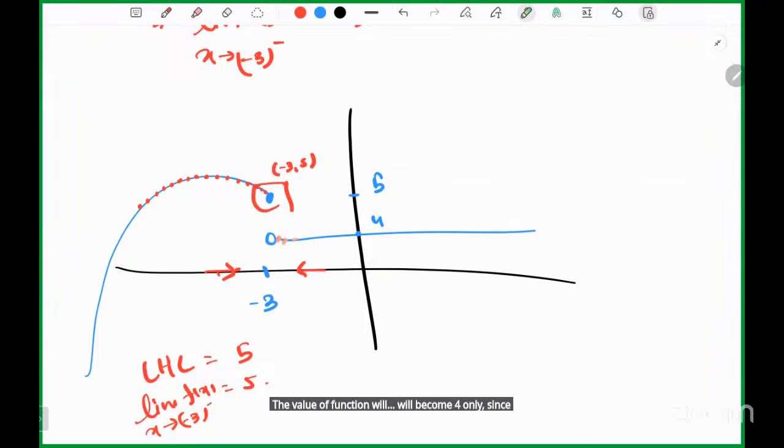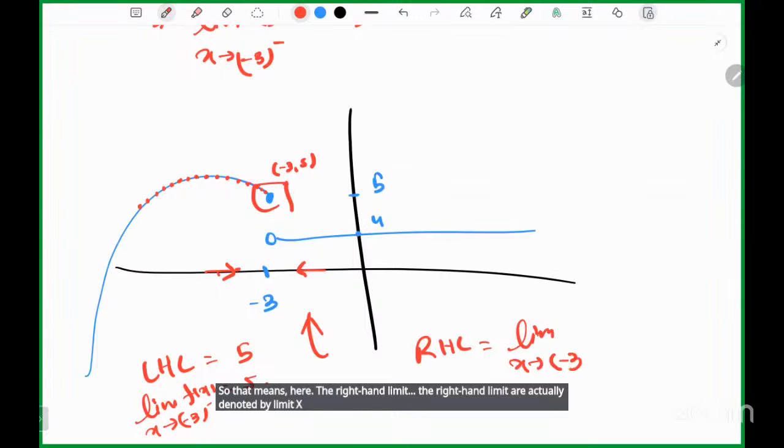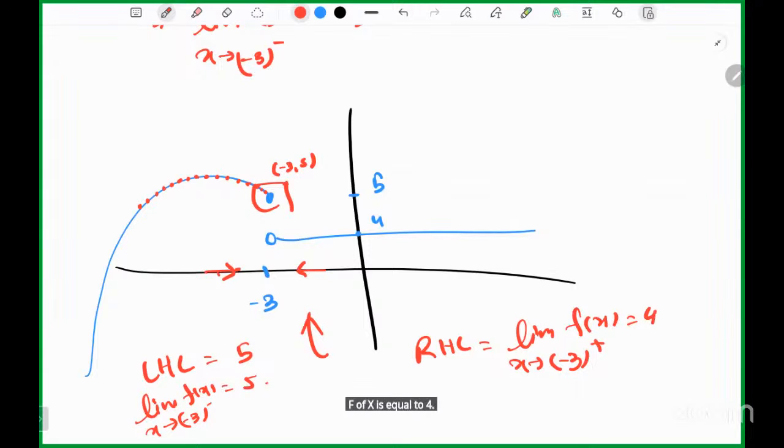Since I'm taking a constant value here, but you can take any number. So the right hand limit is denoted by limit x going to -3 plus. In place of minus, we have plus here. f of x is equal to 4. So this is the graphical meaning of left hand limit and right hand limit.